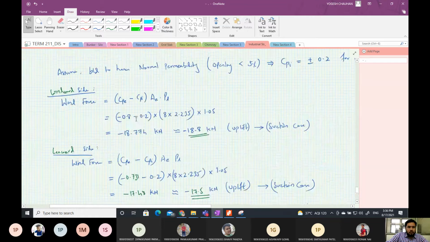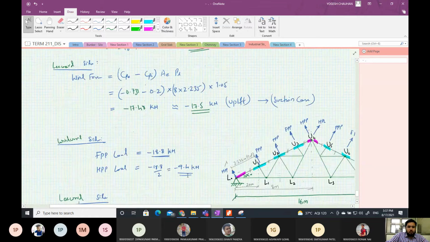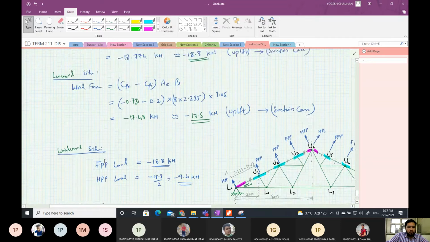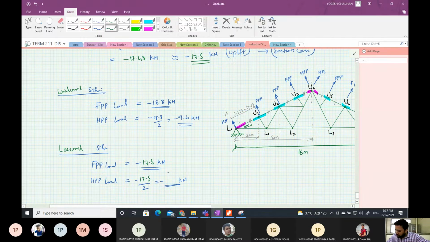So on windward side, we have 18.8 full panel load and half panel load is half of that 18.8, that is 9.4. On the leeward side, it is 17.5 and half of that, 17.5 by 2, that is 8.75.